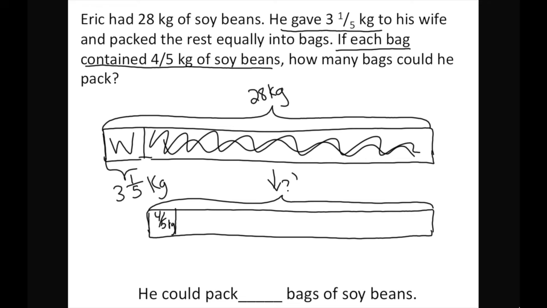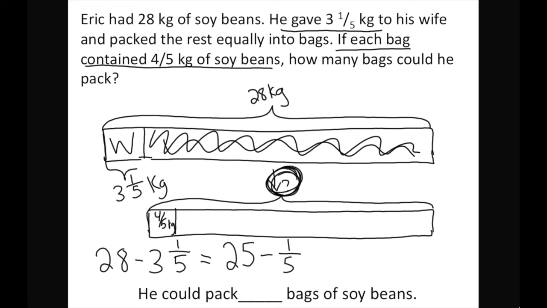However, I can find out how much this total is, how much is being broken up into bags of 4/5 kilograms. And I can find that by subtracting 3 1/5 from 28. That's what's left over. So I'm going to do 28 minus 3 1/5 to find out what this total is here. 28 minus 3 is 25, and then I still have to take away 1/5.